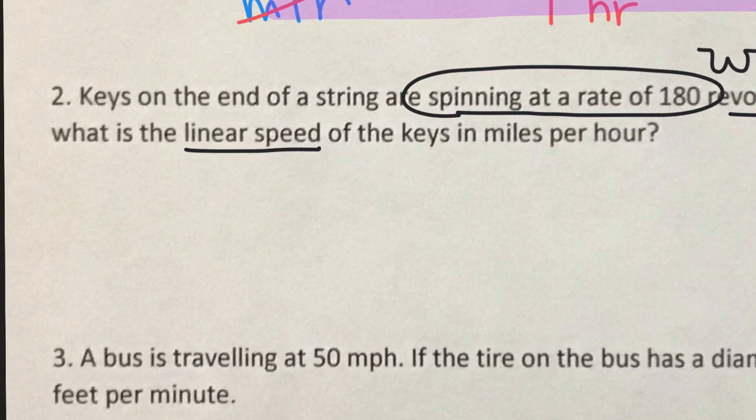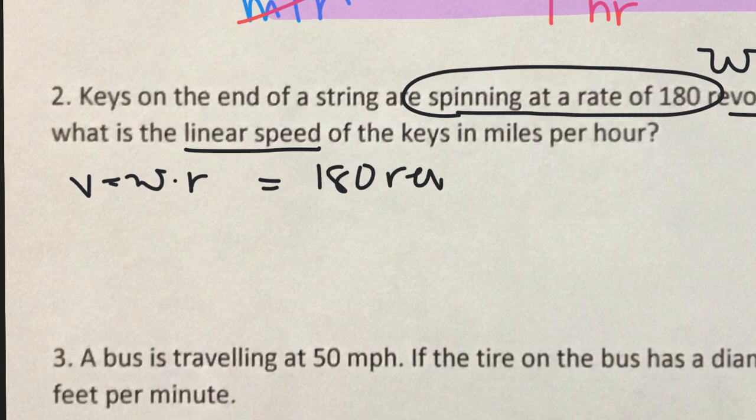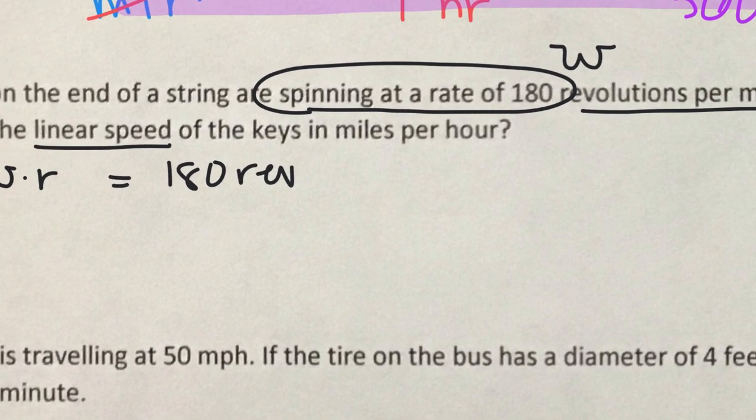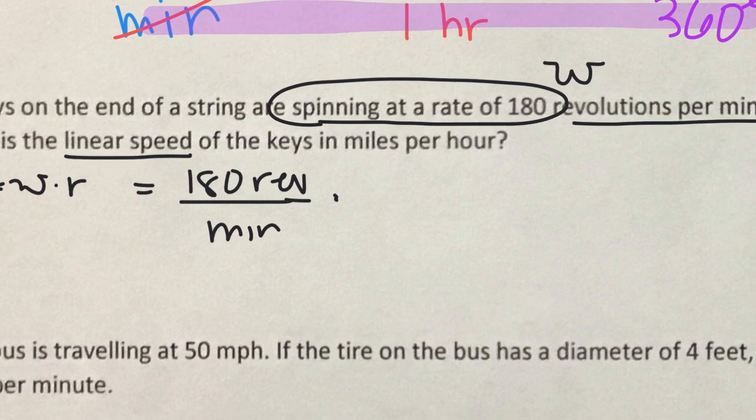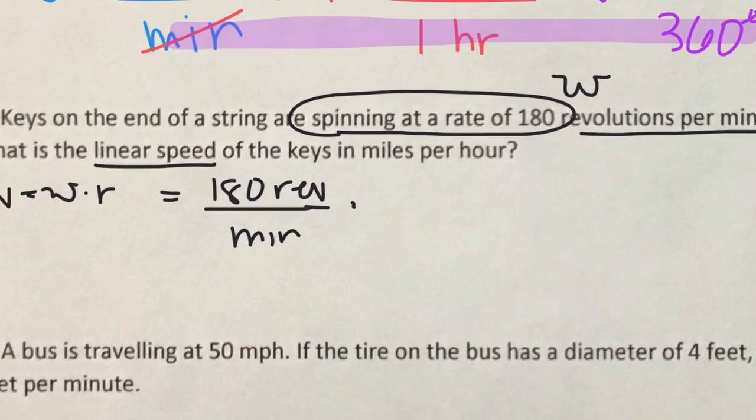We have the formula V equals omega times R. Omega was 180 revolutions per minute, so 180 rev over min, times the radius, which was 16 inches.